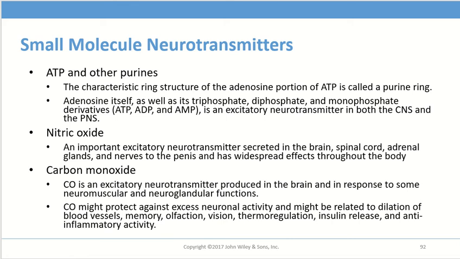So carbon monoxide might help to protect against excess neuronal activity, and it might be related to the dilation of blood vessels, as well as memory, olfaction, vision, thermoregulation, also insulin release, and anti-inflammatory activities. So it does a lot, but we're still studying how exactly it works. Obviously, too much carbon monoxide is very poisonous.